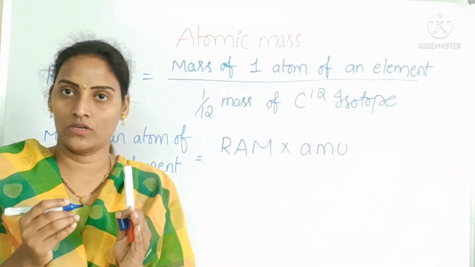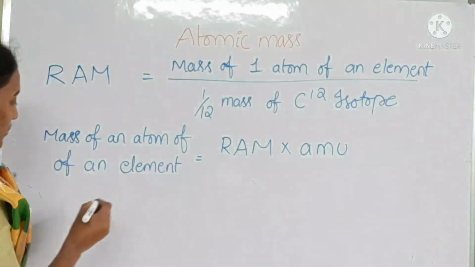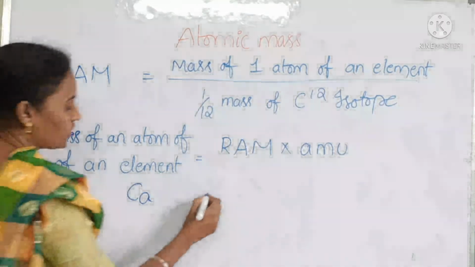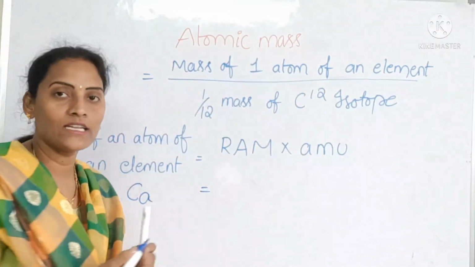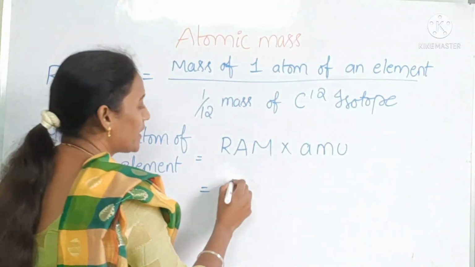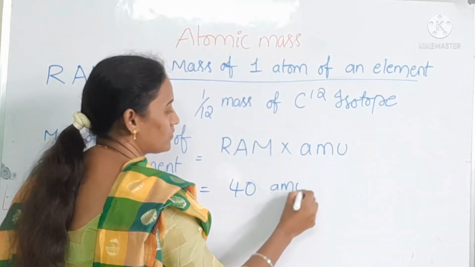Suppose to identify the mass of an atom, if you take calcium, the atomic weight of calcium is 40 AMU.